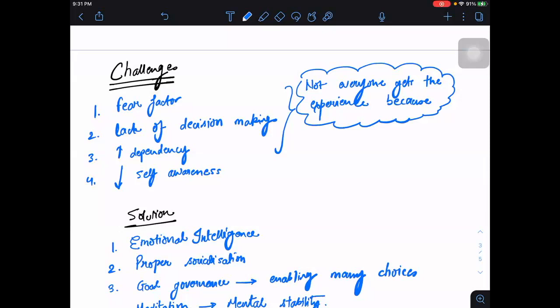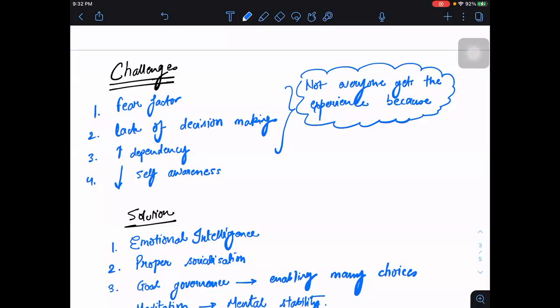Every person will not initiate the discussion or will not react to the situation. Why is it so? So the first challenge is the fear factor. The first challenge is the insecurity that an individual has, which restricts him from reacting to a situation and accepting what is there in front of him. So that's one of the challenges.